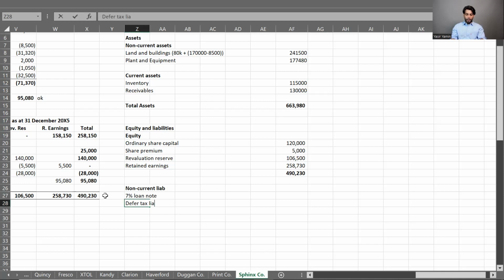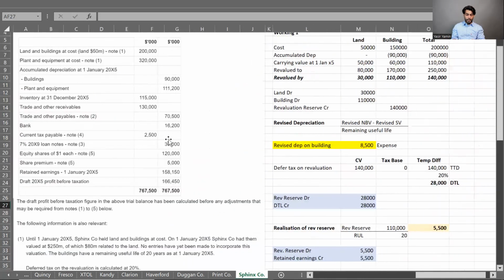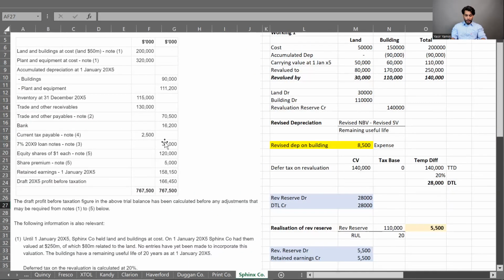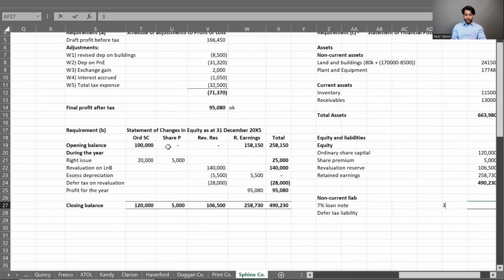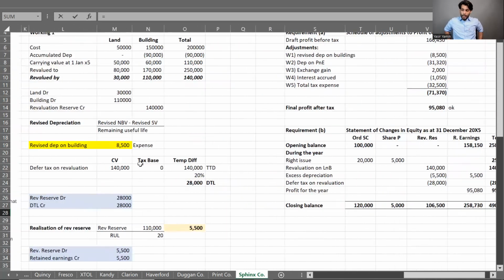What's the value of the 7% loan note, by the way? It's 30,000. And you created a deferred tax liability in your books of accounts of 28,000.